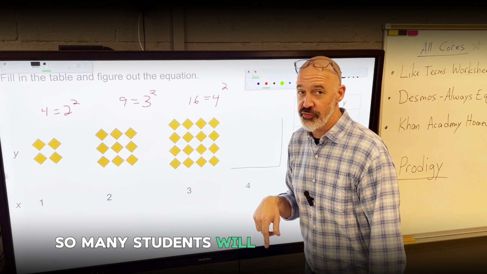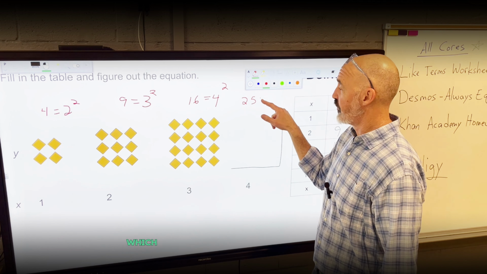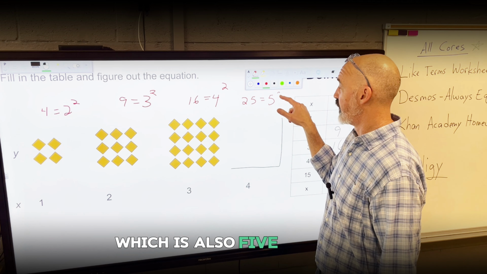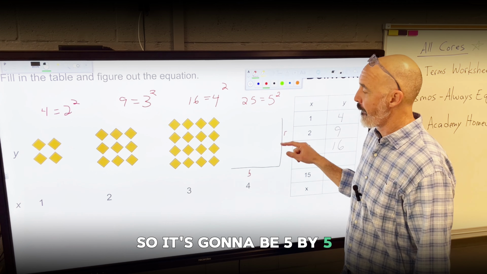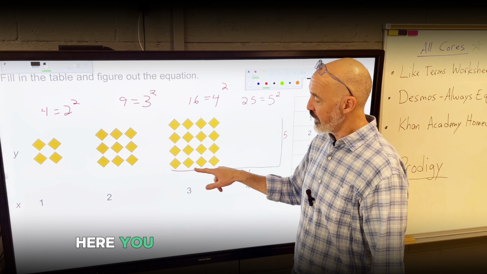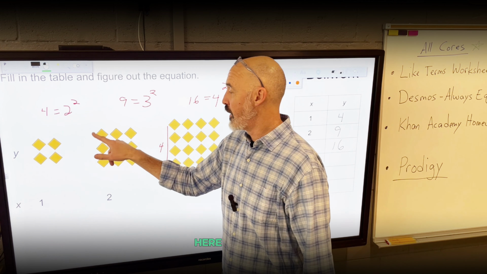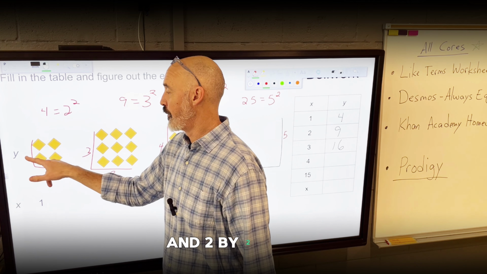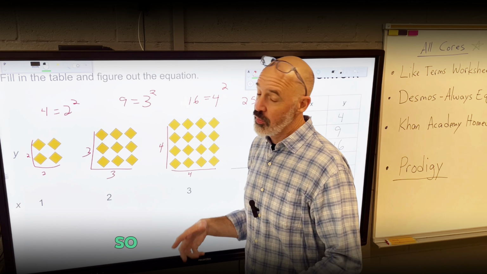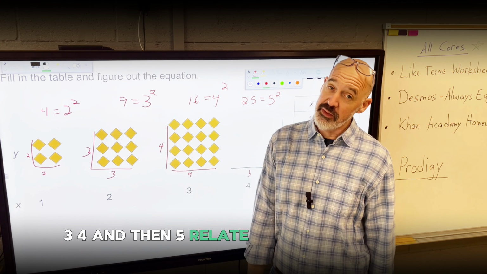So many students will assume that here there should be 25 total rhombuses, which is also 5 squared. So it's going to be 5 by 5. Here we can already see it's 4 by 4. Here it's 3 by 3 and 2 by 2.